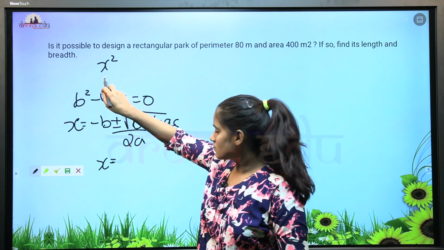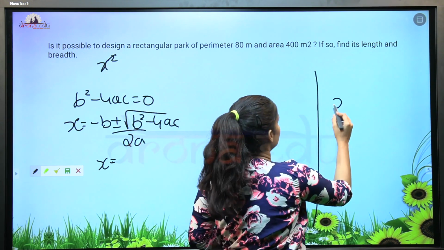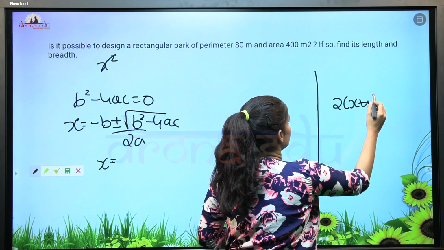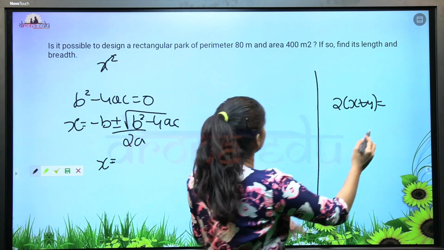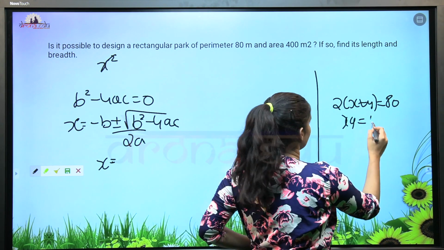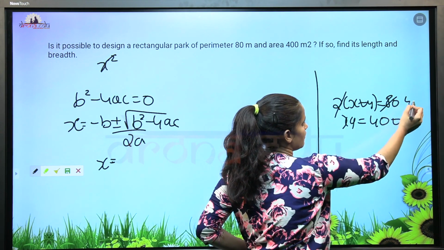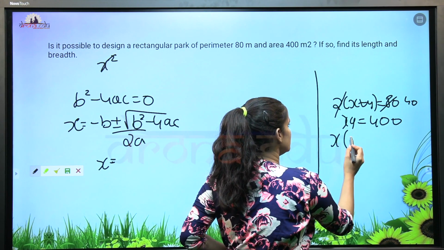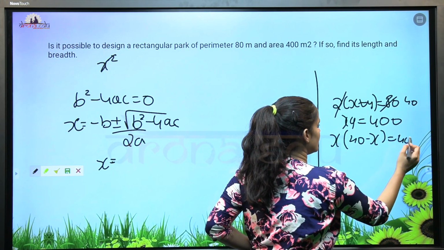Wait, let me do it again. It was 2(x plus y) equal to the perimeter, 80. And xy was equal to 400. So here x plus y was 40, so x into (40 minus x) is equal to 400.